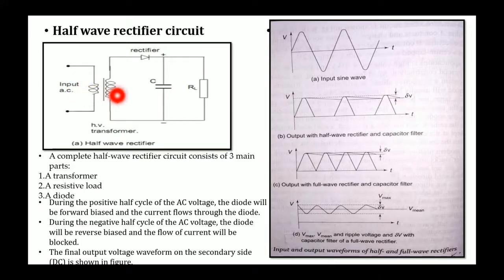Getting my point? So this delta V, or ripple voltage, depends upon these three factors. This is all about half wave as well as full wave rectifier circuits.